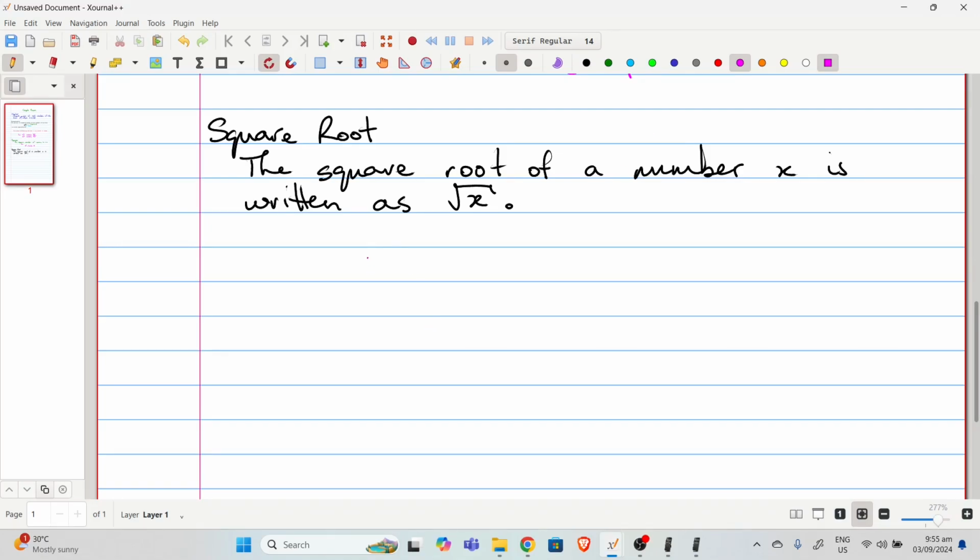So we have, for example, the square root of 9, which is going to be equal to either plus or minus 3, because 3 times 3 would give me 9, and negative 3 times negative 3 would also give me 9.